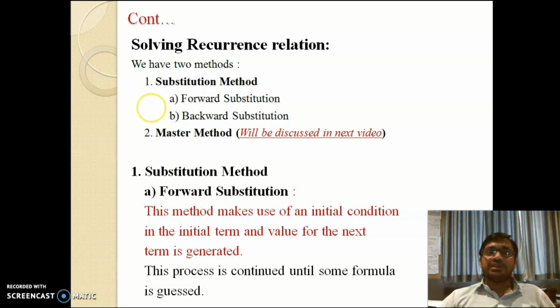So as we discussed, we have two methods. One is forward and the second one is backward. So let us discuss first the forward substitution method to find the solution of any recurrence equation.